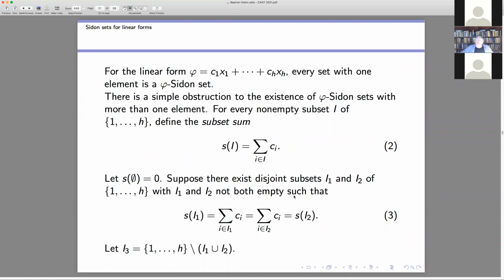So suppose for your linear form, you have two disjoint subsets, I1 and I2, of coefficients, which have the same subset sum. So you have I1 and I2, which are disjoint, and everything else is called I3.